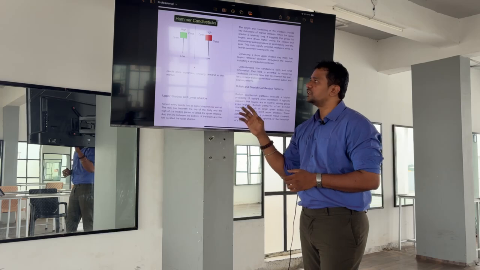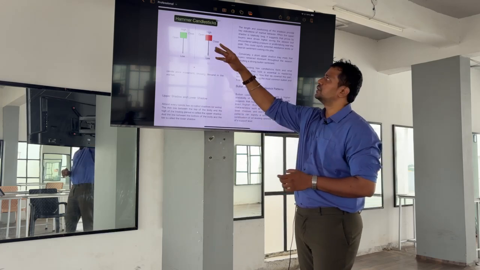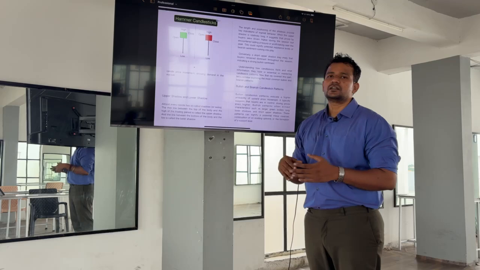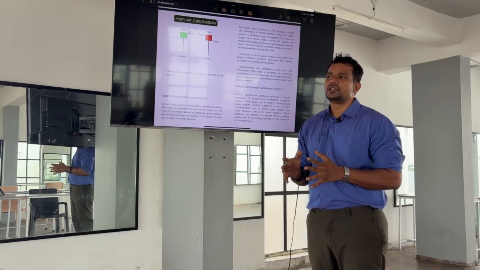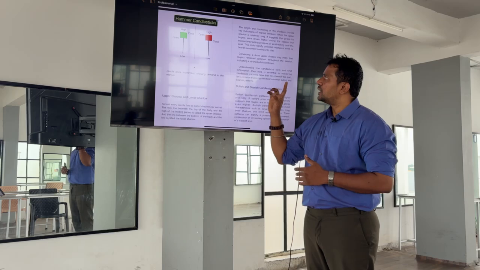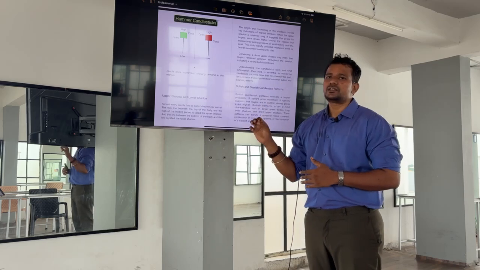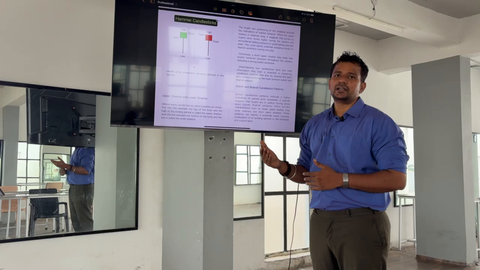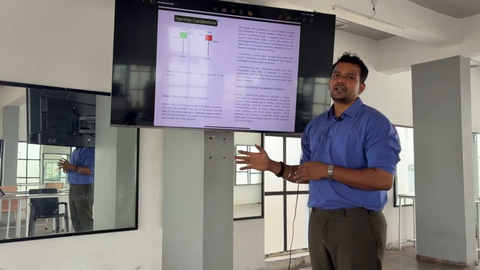These are called hammer candles. As we go further, we'll see where these candles most probably happen in a chart and what the patterns indicate. But on an individual basis, we have to understand where supply and demand have come up in the candle and how much impact they have on the market.